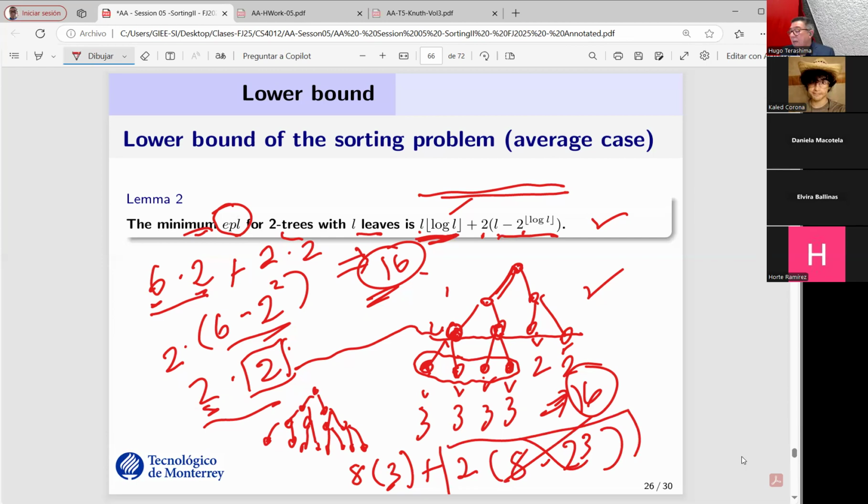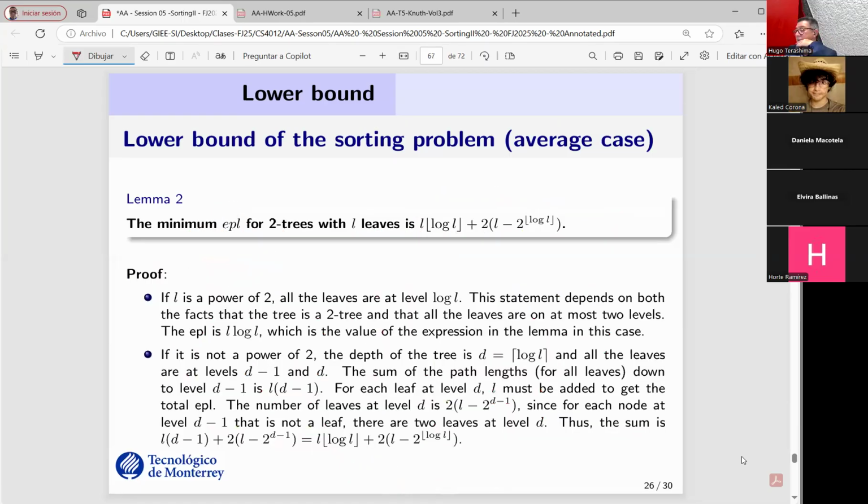So when I have a complete tree, this is the expression that is going to count, because I don't have elements at a different level. So this is just for counting the EPL, right? So what I did is this explanation here.